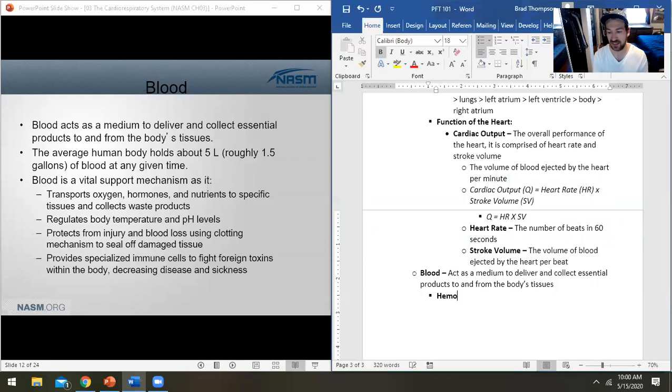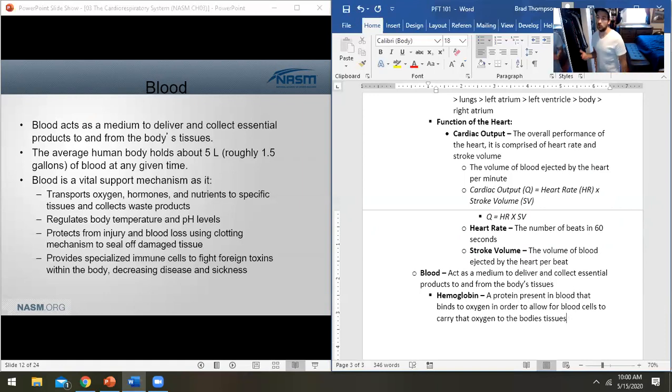You are going to see things like hemoglobin, right? Which is a protein present in blood that binds to oxygen in order to allow blood cells to carry that oxygen to the body's tissues.